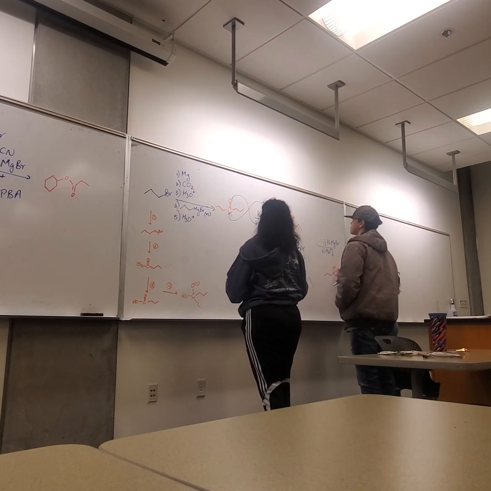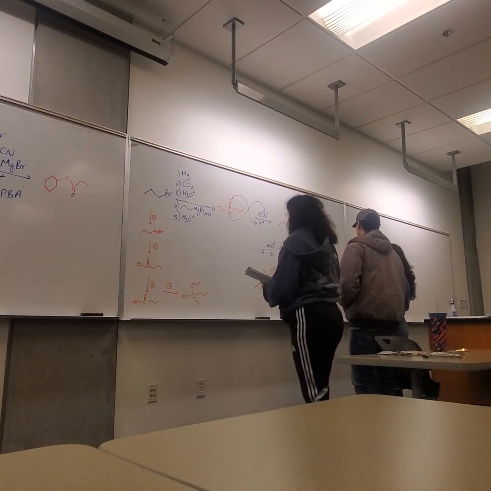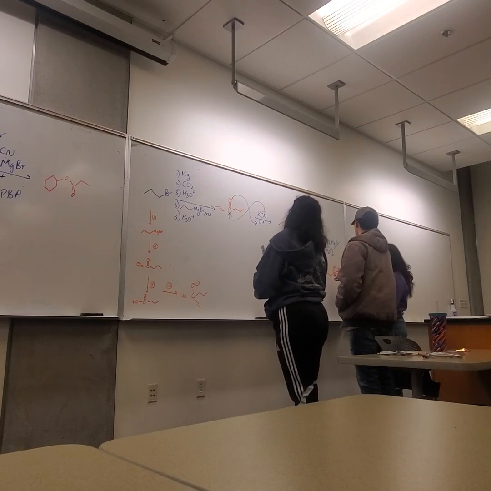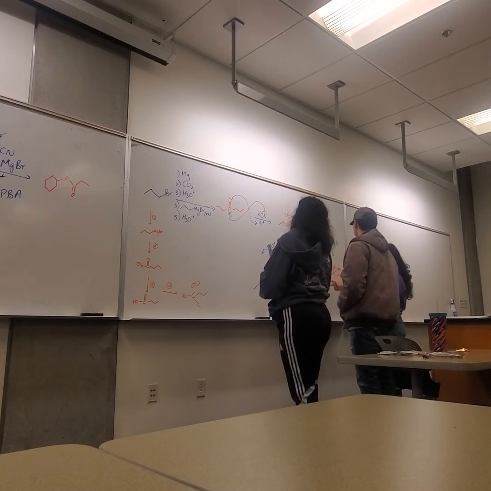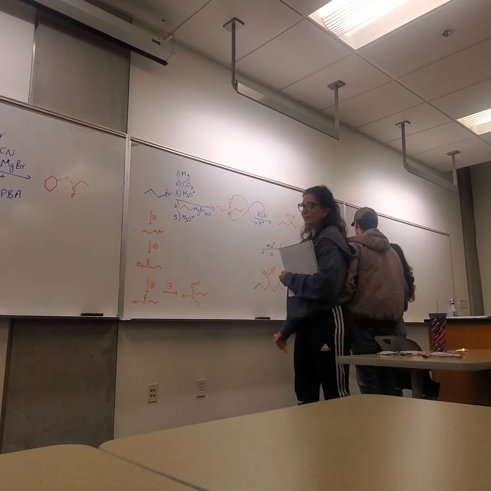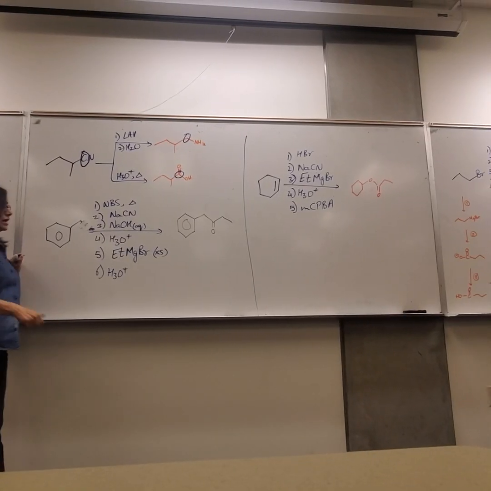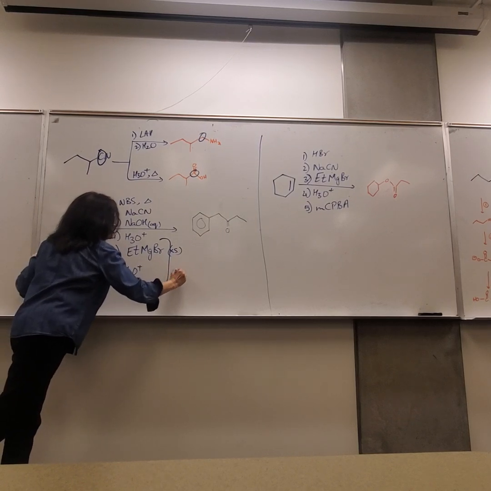So that's brominating in the benzylic position. That does an SN2 and puts a cyanide here. That turns into a carboxylic acid, makes a ketone. Questions?